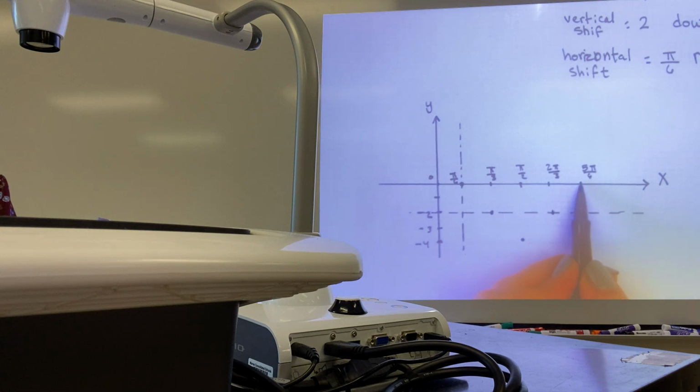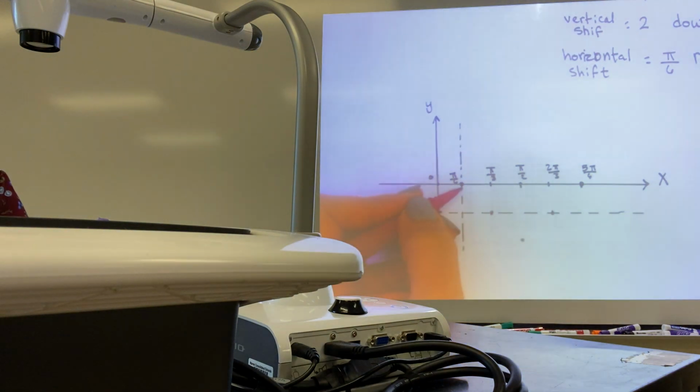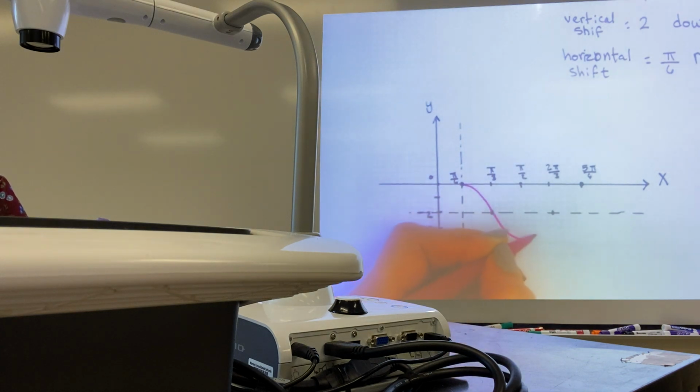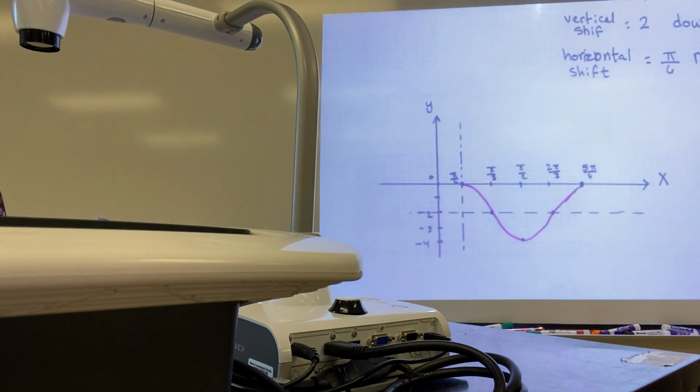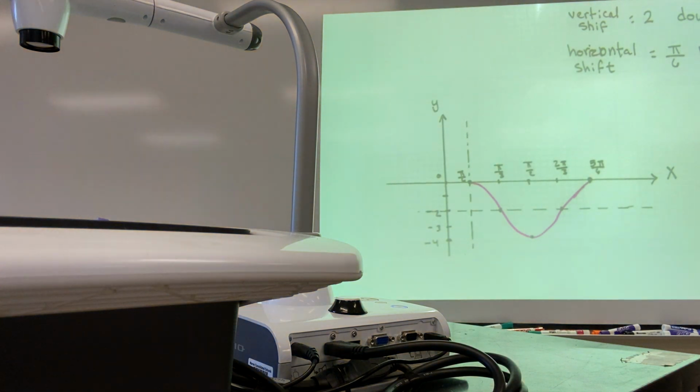And when x is 5pi/6, that will take us back to 0. Okay, let's go ahead and connect these points. And let's move like this. Okay, here is my graph for this example.